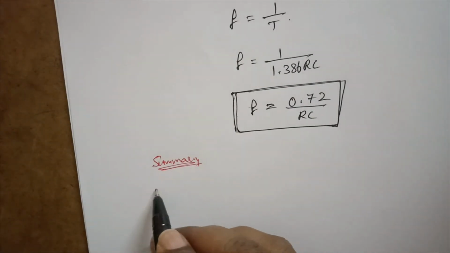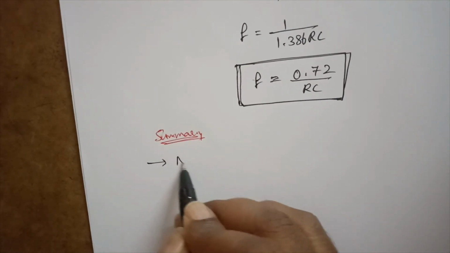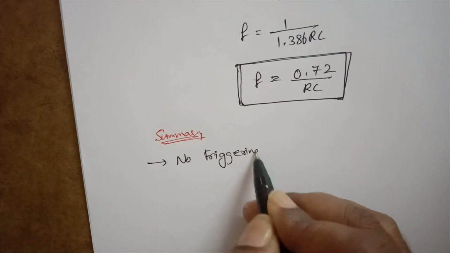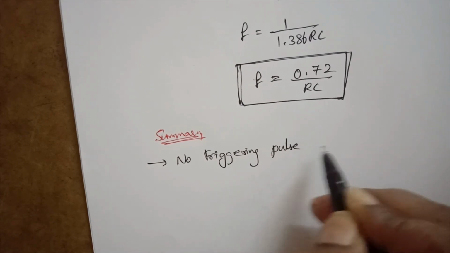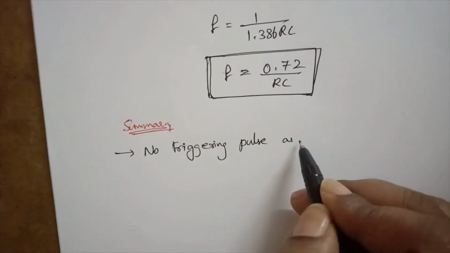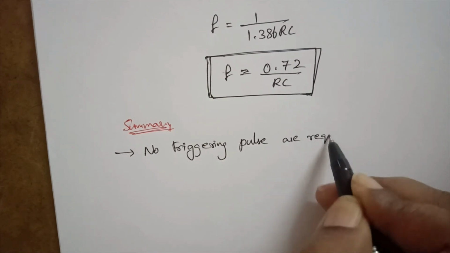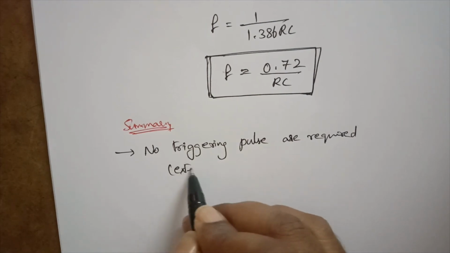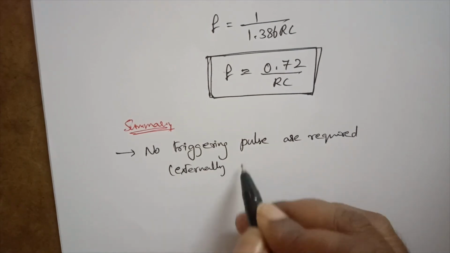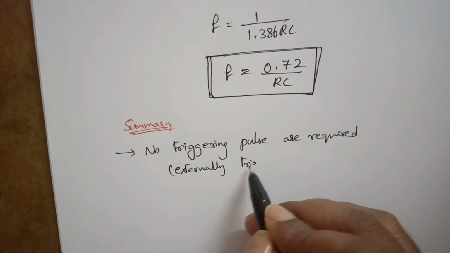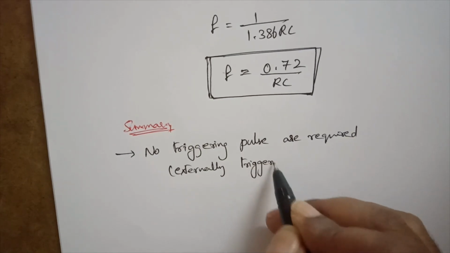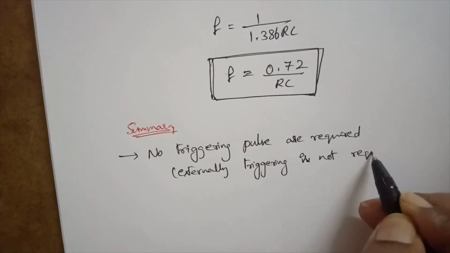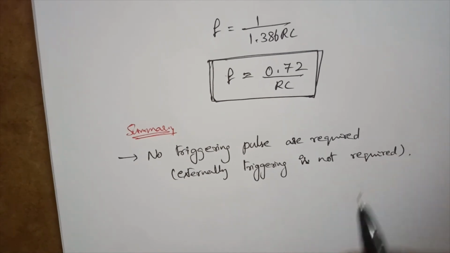So for an astable multivibrator, no triggering pulse is required. That means external triggering is not required.